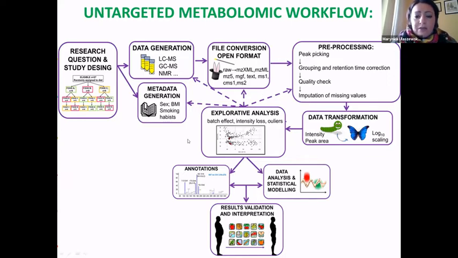Then the explorative analysis verifies any batch effects, outliers or intensity loss. Then you go through the data analysis and statistical modeling, then of course the annotation, which is probably the bottleneck today, and then the results and the validation of your data.